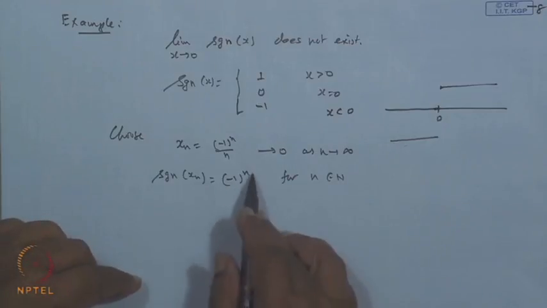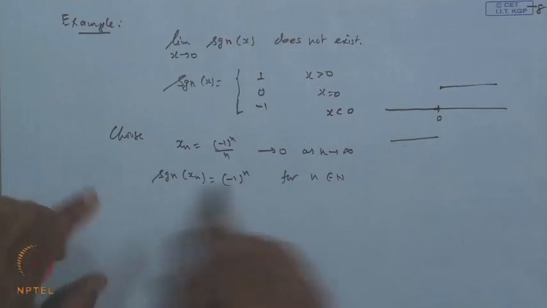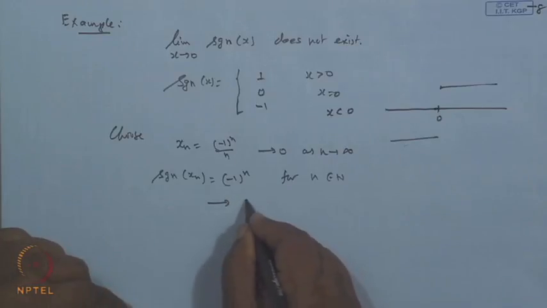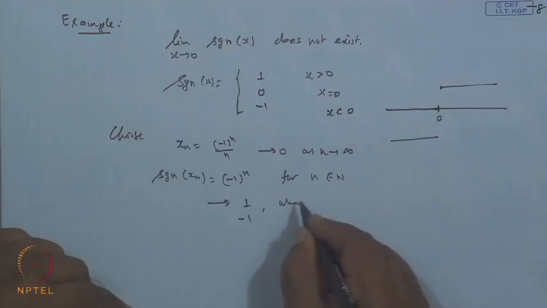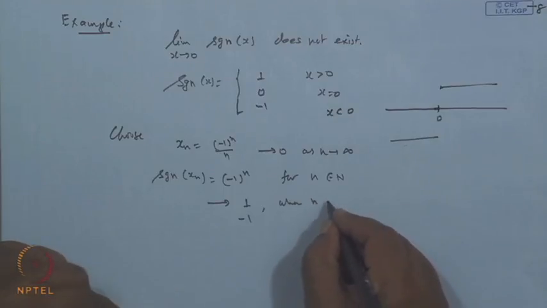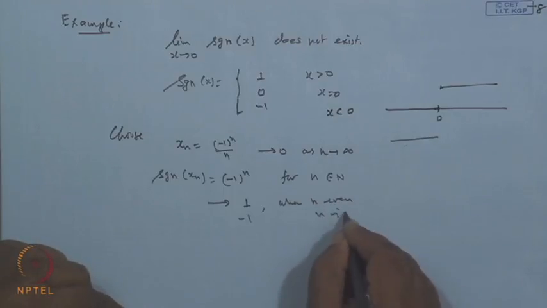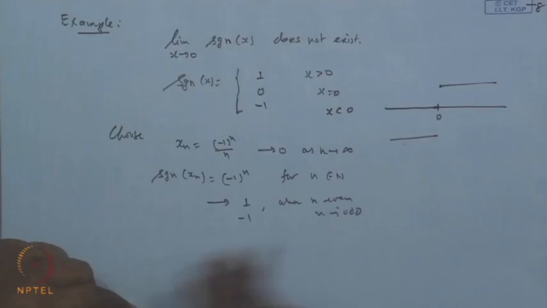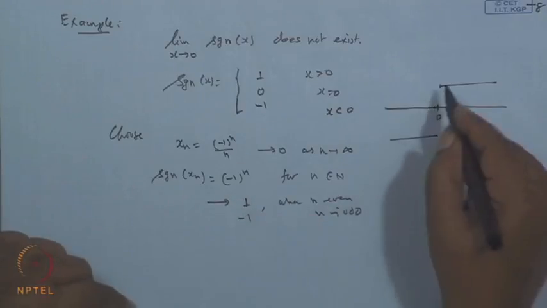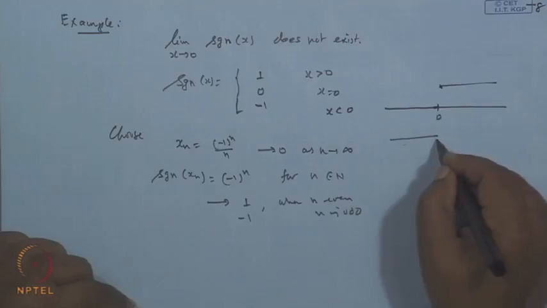Now, the limit of this does not exist, because it varies. When n tends to infinity, it goes to 1 as well as minus 1, when n is even and when n is odd. So, there are terms of the sequence which go to plus 1 for even and minus 1 for odd.